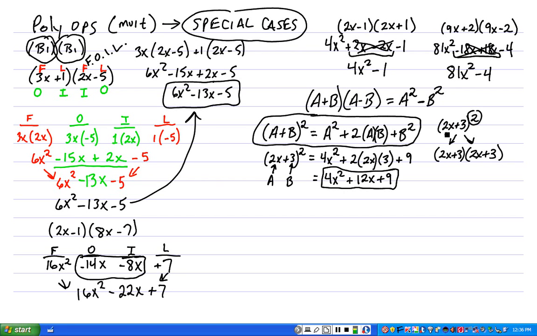Right? 2x plus 3 squared means 2x plus 3 written out 2 times and multiplied by itself. That's what we mean by square.